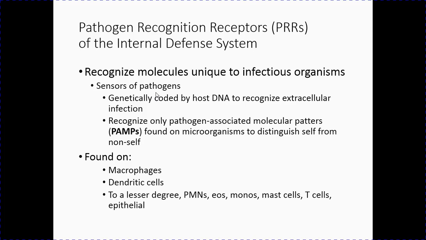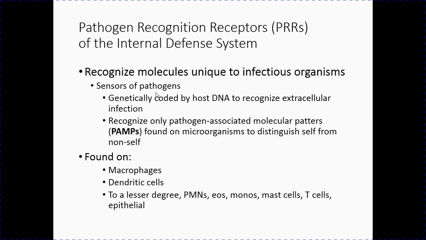So PAMPs we only find on the microorganisms that we want to target for destruction. I gave the example earlier of the mannose. Mannose is a PAMP, and that's what triggers that kind of microbe for destruction by a white blood cell.